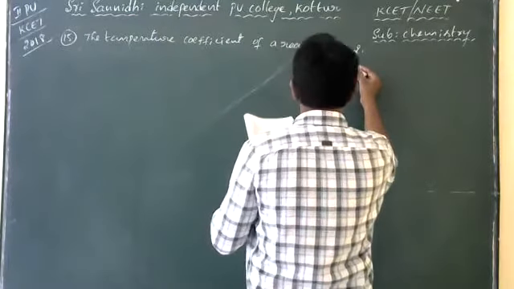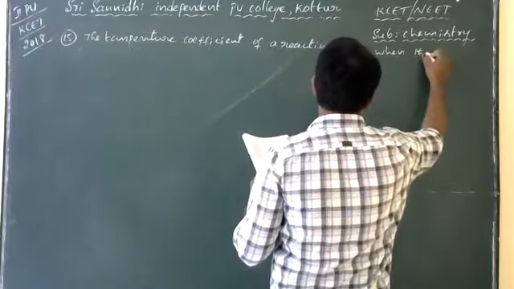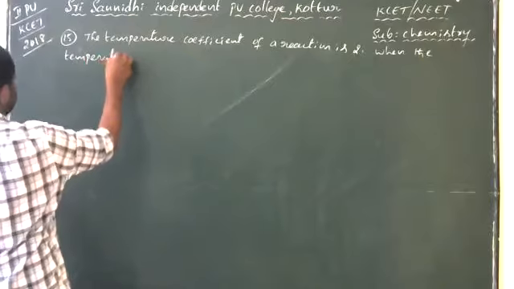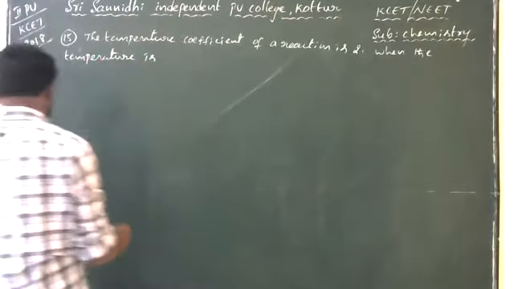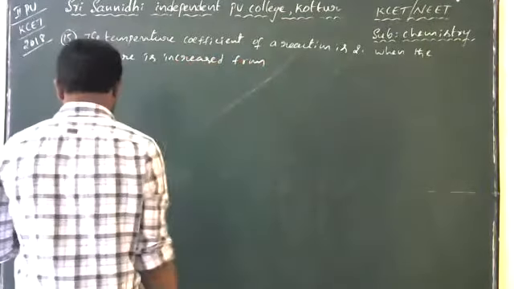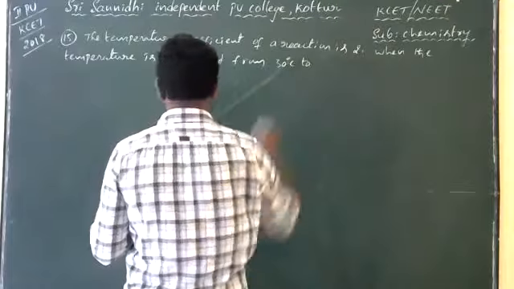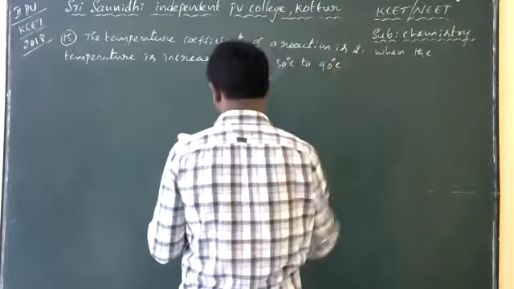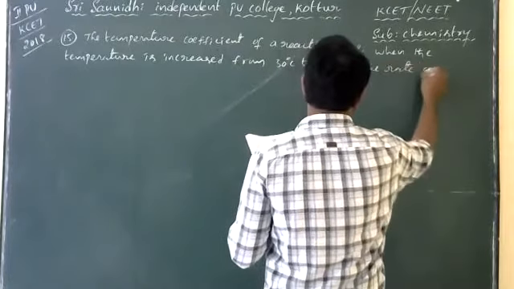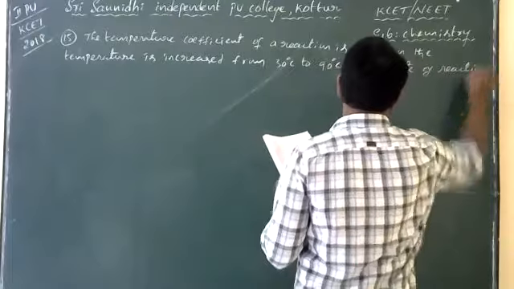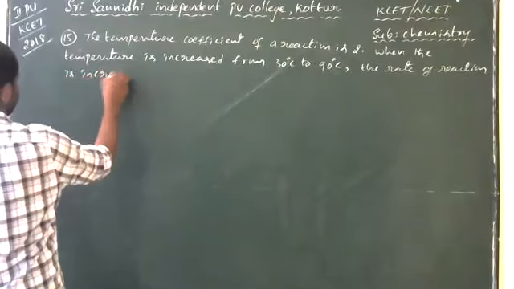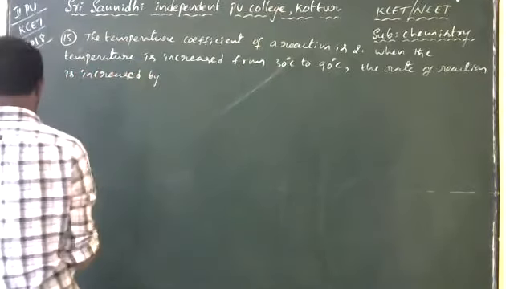When the temperature is increasing from 30 degrees Celsius to 90 degrees Celsius, the rate of reaction is increased by how many times?